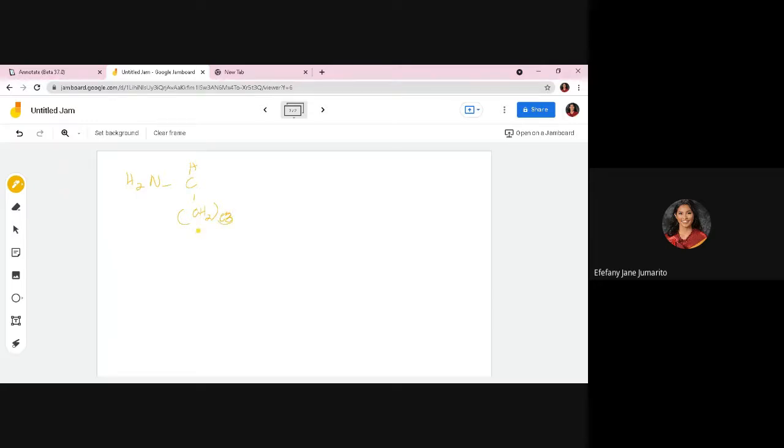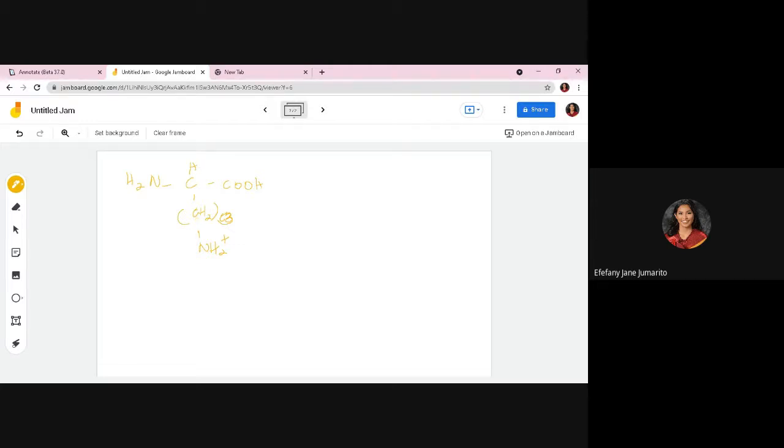And then you have your NH2, plus. What structure is that? Okay, we have that one. This is your example.